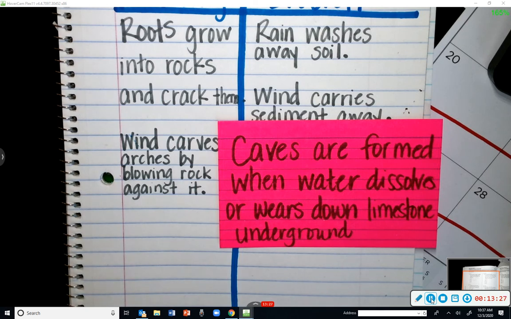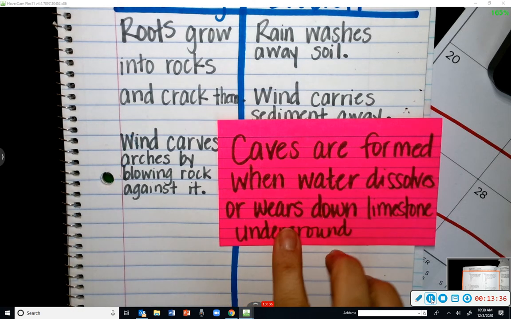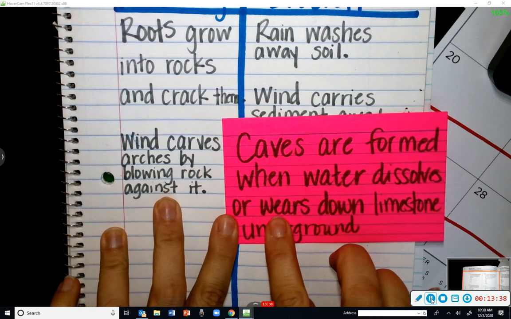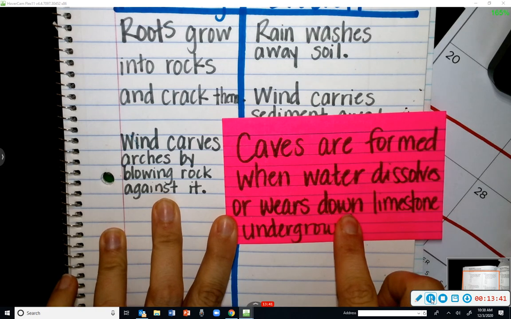Okay, thumbs up if you know it. Okay, what is it? Weathering. Weathering, good. It's wearing down, so that's a key word. If you see wears down, that's weathering.